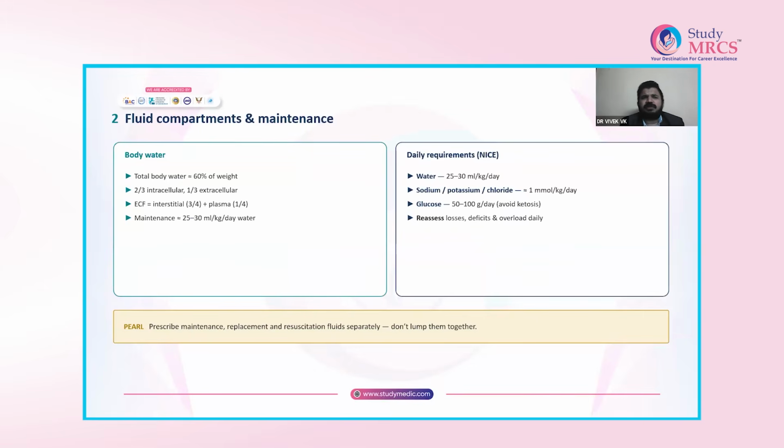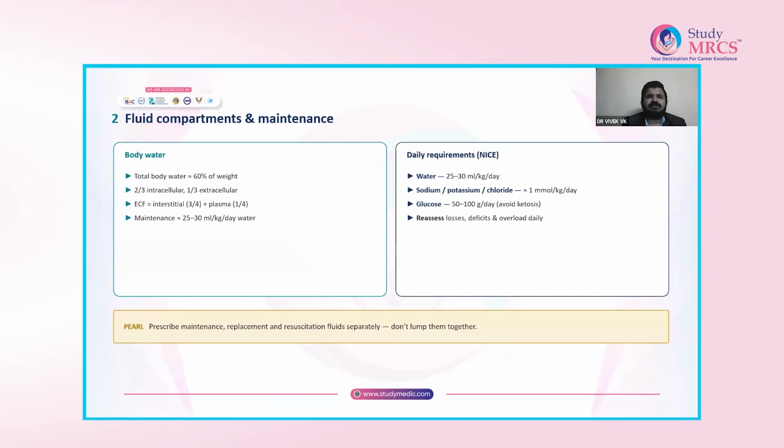You have to understand some basic ideas regarding fluid compartments and maintenance. As you know, 60% of body weight is water, and this water is distributed to the intracellular compartment and the extracellular compartment. Extracellular means anything outside the cell, that includes the interstitial compartment and the plasma.